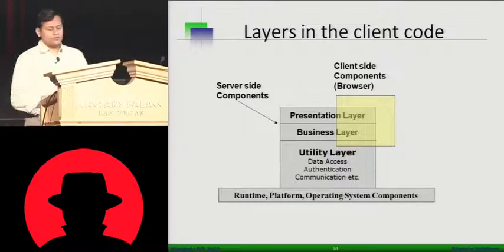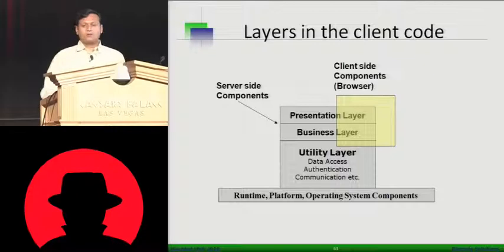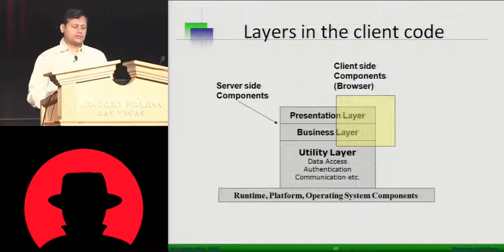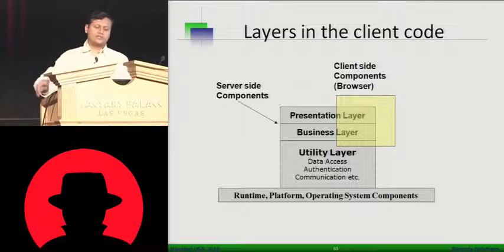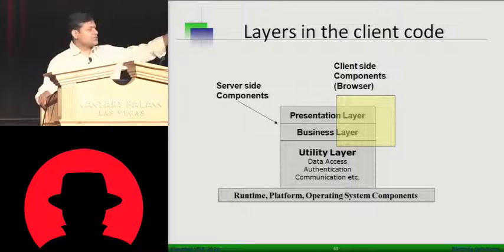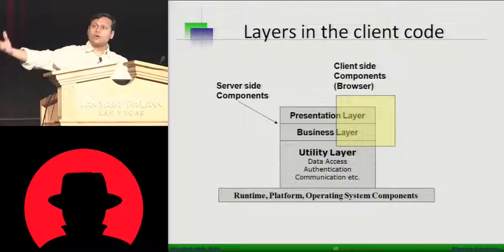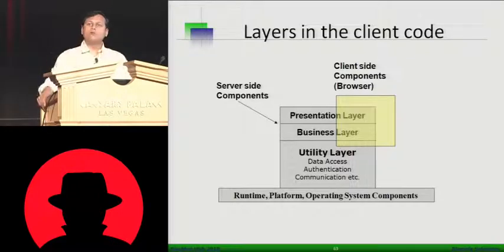Now, one of the observations we have made here is that with the 1.0 to 2.0 application, we had the traditional layers like utility, access, business, app, presentation. But with 2.0, you can see this kind of yellow layer. In JavaScript, a certain part is the presentation layer. Some of the business logic which is supposed to be on the server side is now moved to the client side.